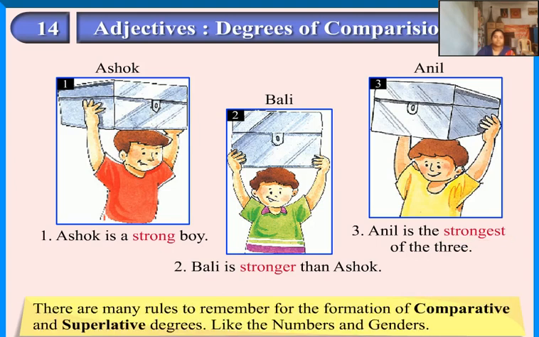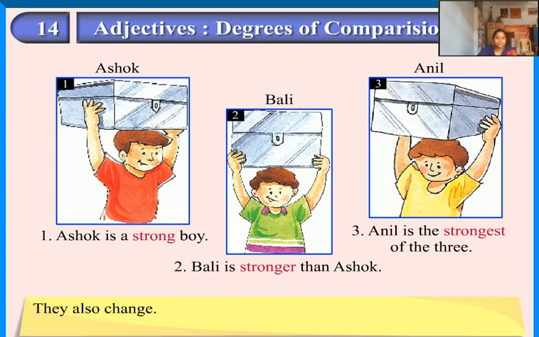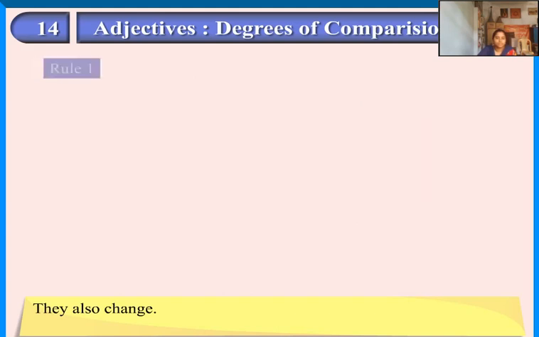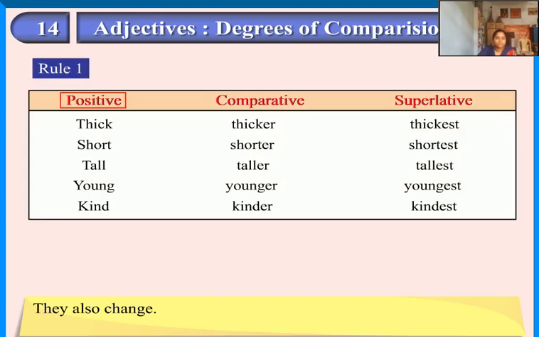There are many rules to remember for the formation of comparative and superlative degrees. Like the numbers and genders, they also change. Rule 1. Positive, comparative, superlative. Thick, thicker, thickest. Short, shorter, shortest.